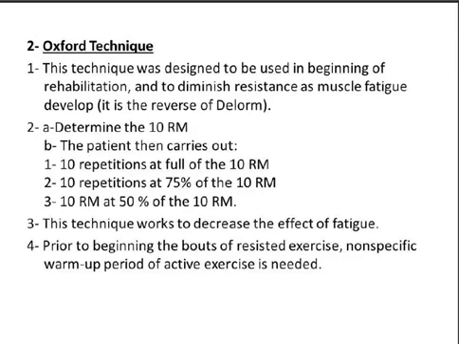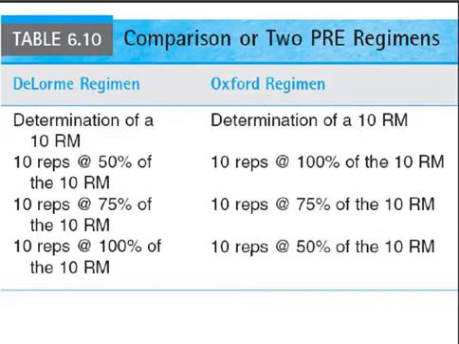Both regimes incorporate a rest interval between the sets. Both incrementally increase or decrease the resistance. In a randomized study, when we compared both the regimes, no such difference was found. So we can use either one for resistance training. Here you can see the difference between the DeLorme and the Oxford.